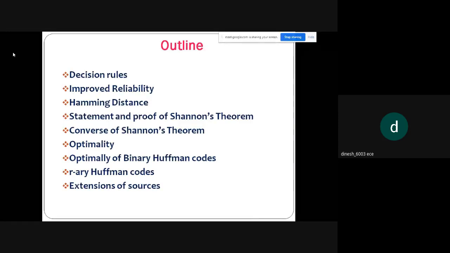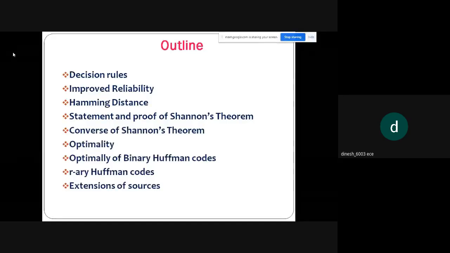So that example, I'll be recording how to solve it, and how to use Huffman coding in a specific case.